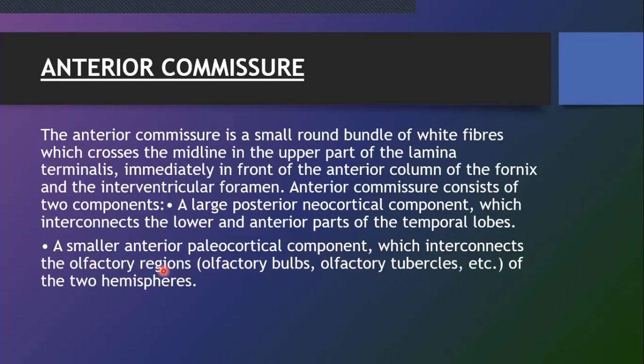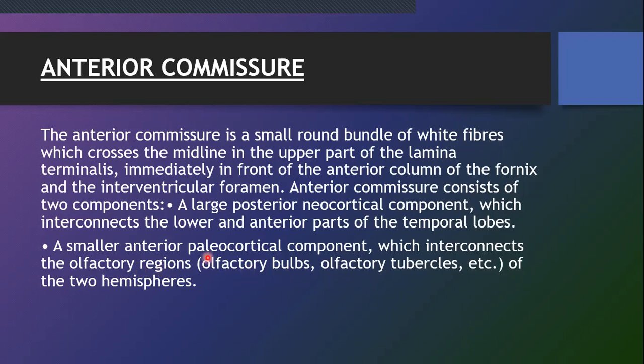Remember, the paleocortex consists of parts of the cerebral cortex which consist of 4 or 5 layers. Okay. Then archicortex 3 layers. Then neocortex 6 layers.